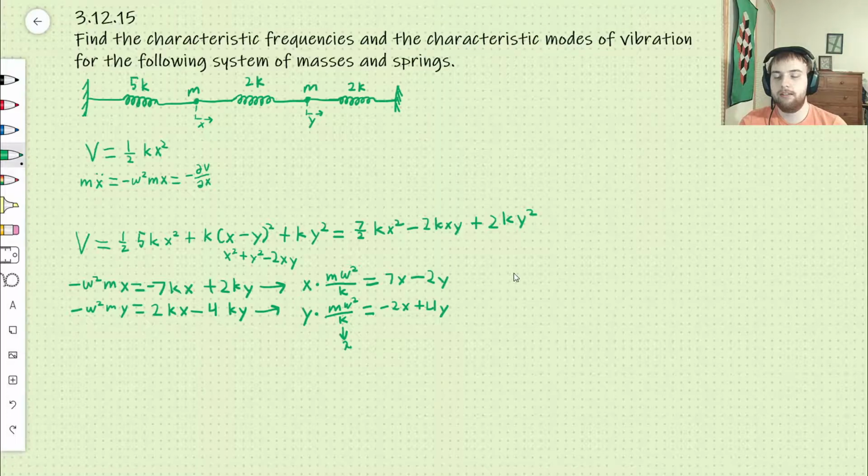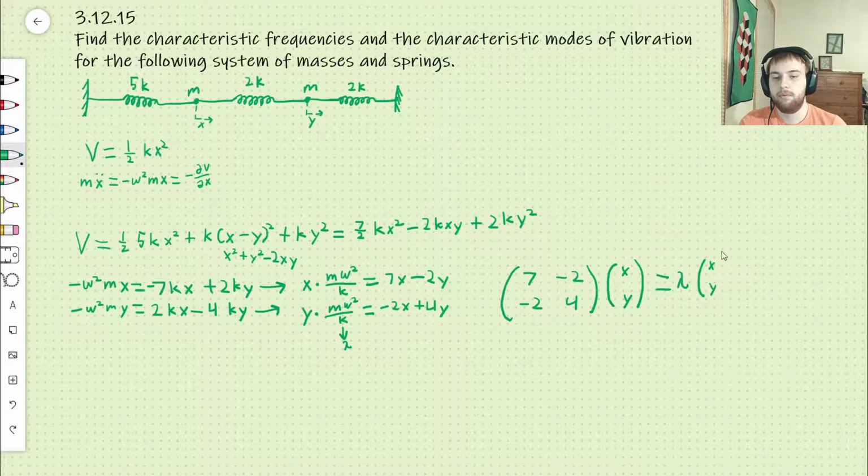So we can set up a matrix for this equation now. The matrix looks like 7, negative 2, negative 2, 4, times x, y, and this equals lambda times x, y.